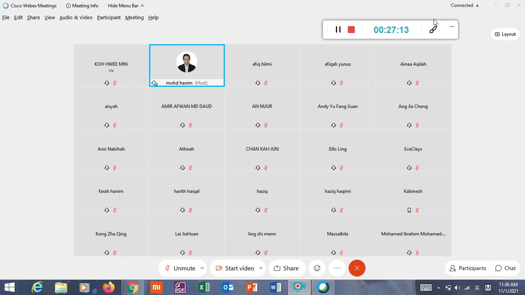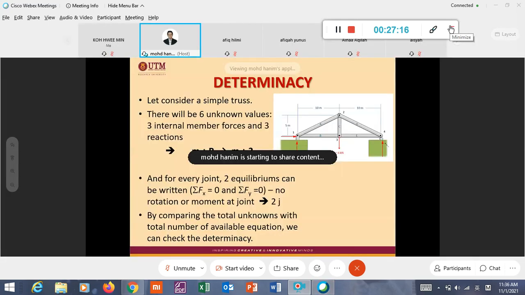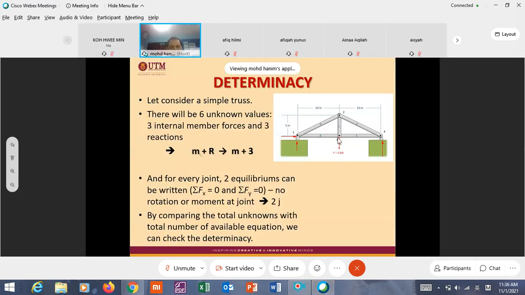Reaction, so R is equal to 3. M is the number of members. How many members? 1, 2, 3, 4, 5. It comes into the example later on. So this is the formula. For every joint, two equilibrium equations can be written, Fx equals 0 and Fy equals 0. That's why here you have 2j, two equations for each joint.